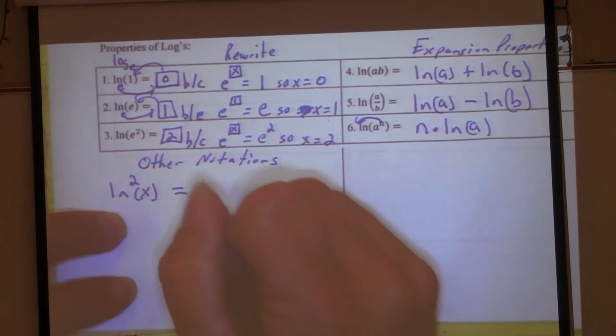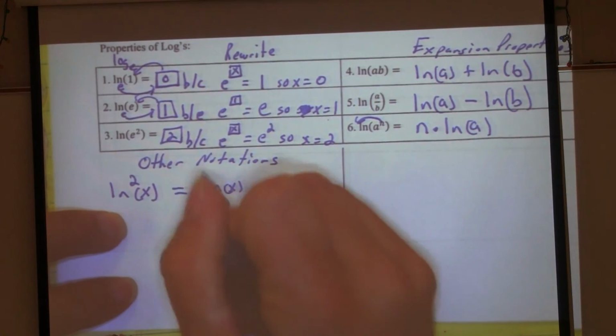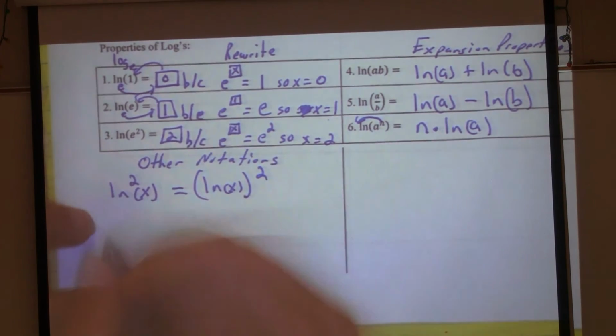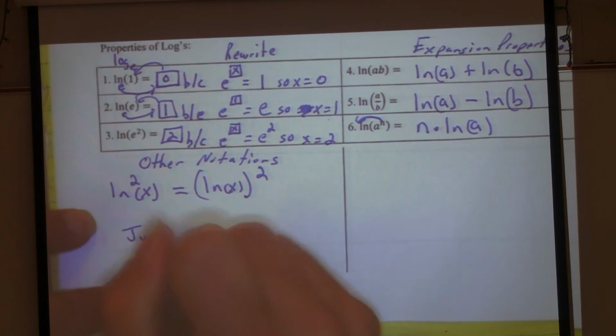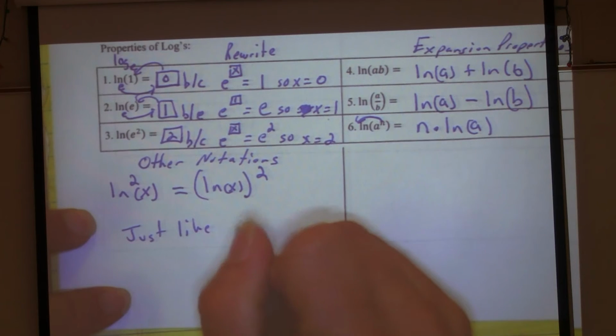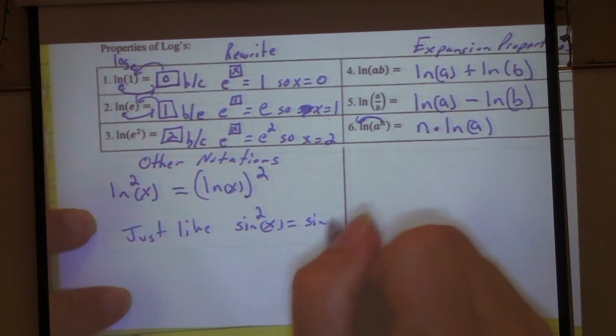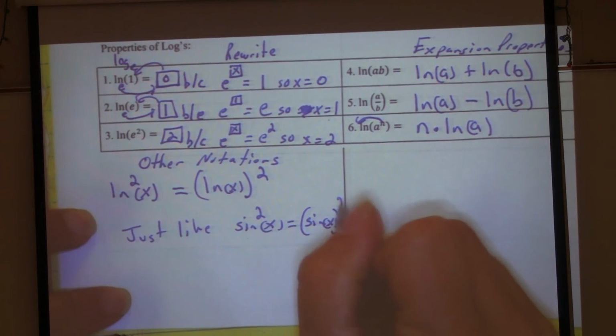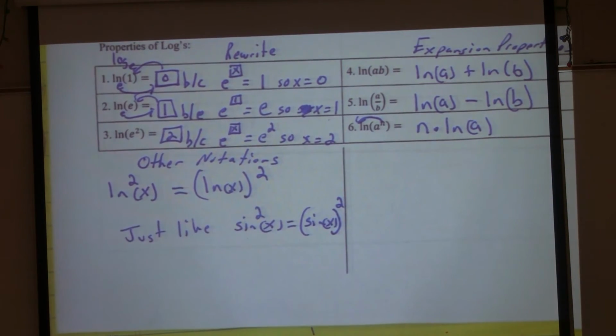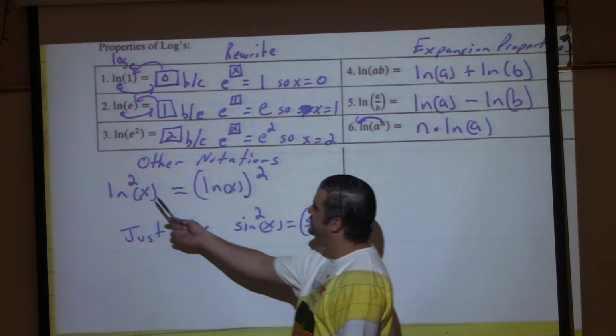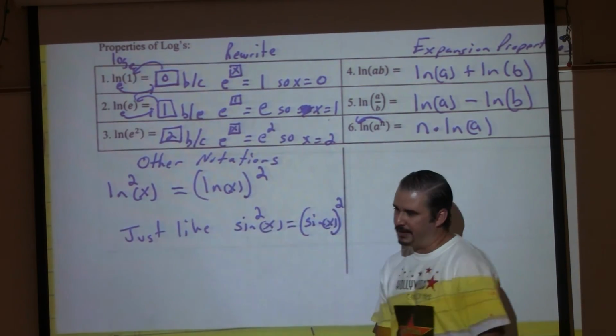It's kind of like the sine notation. When they do sine squared of x, you write sine of x, the whole thing squared, right? So don't freak out if you see a problem written like this. Just know that it's the whole thing squared.